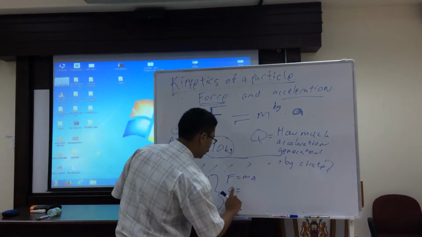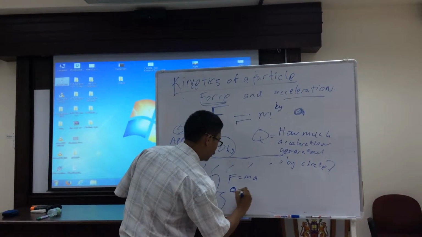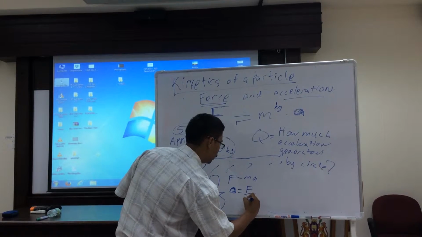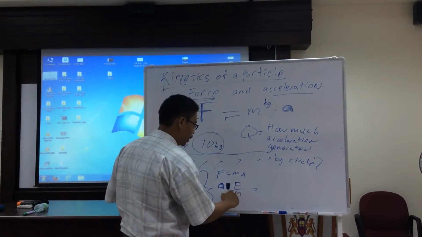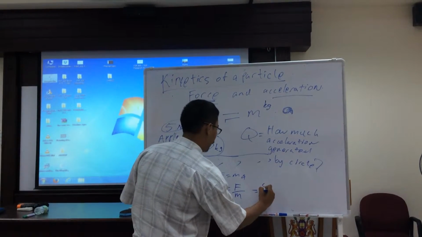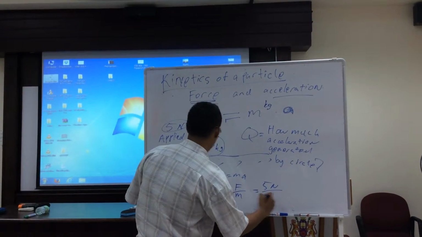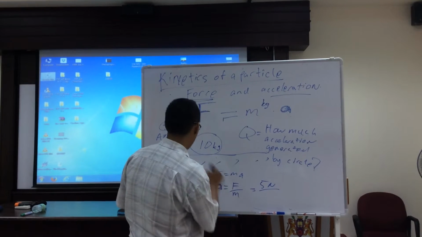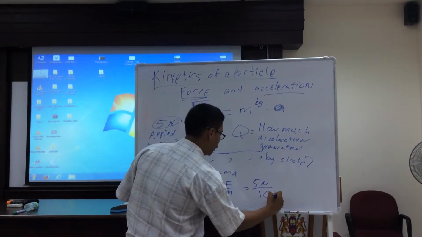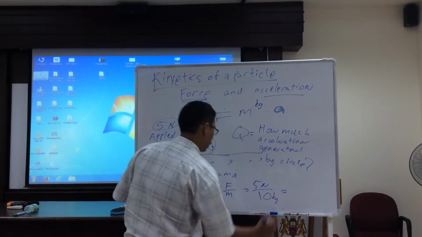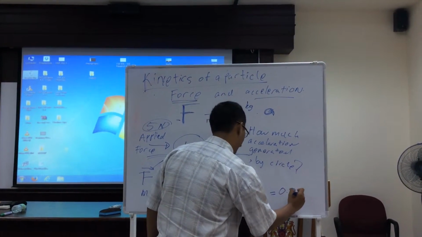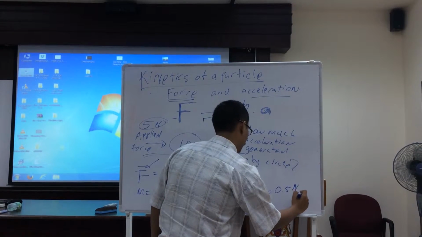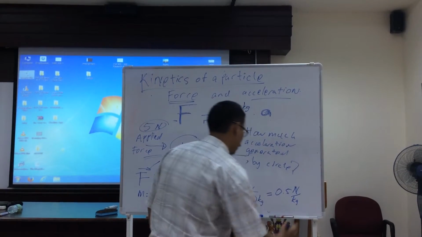So the acceleration a is F divided by m. F in this case is 5 Newton, and m is 10 kilogram, so a is 0.5 Newton per kilogram.